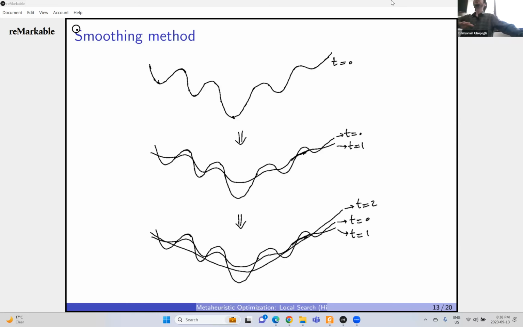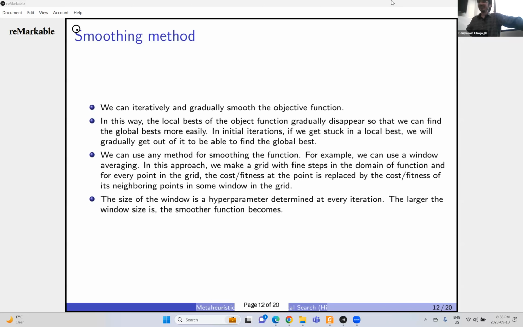And how can we do the smoothing? Again, these ideas, you can use them anywhere. One technique is window averaging. Usually it's used for time series. Here, I'm not using it for time series. Here, I'm using it for another reason. So I assume I have the domain of my function.